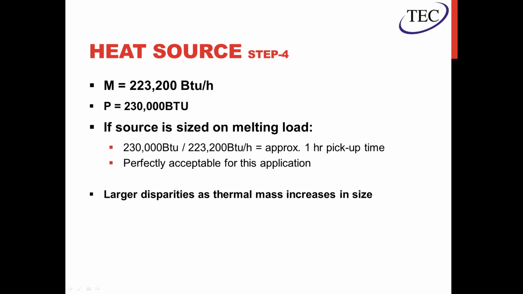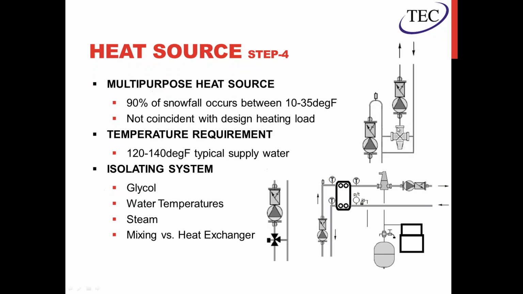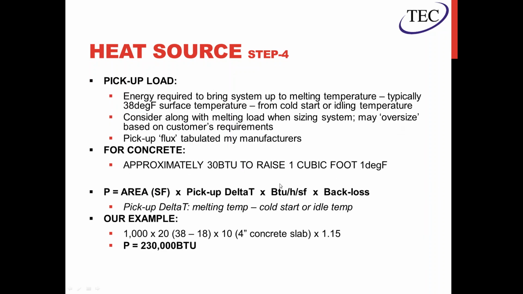I had a couple questions here. Where'd you get the 18 degrees? 18 degrees is the starting surface temp for the melting. That was selected, which is not listed here, I apologize, based on the temperature of the slab when it starts snow melting, and that is from the lower end of the temperature from which snowing can occur.